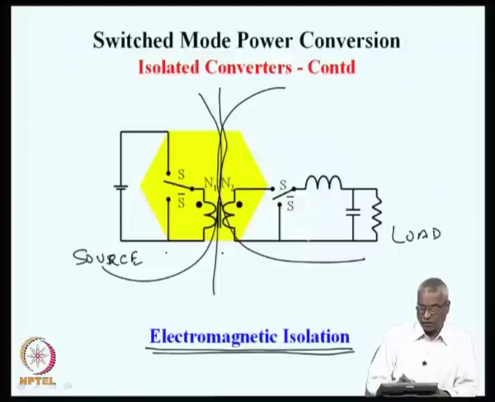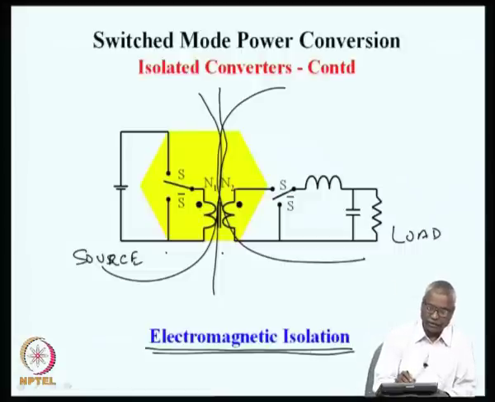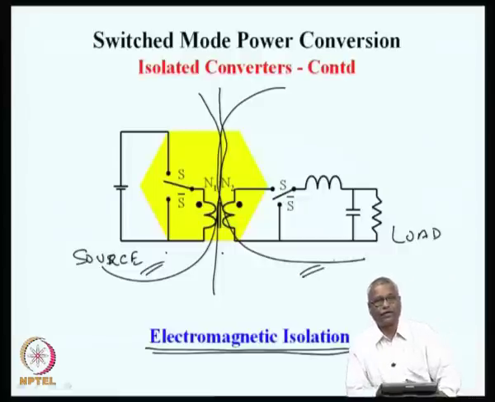And in the last lecture, we saw the key idea of this isolation is through an electromagnetic process, which is through a transformer which is connected to the source side on the primary and load side on the secondary. And in that, the important point to notice is that the electromagnetic element should have the flux operating in stable condition while this switched mode power converter works.